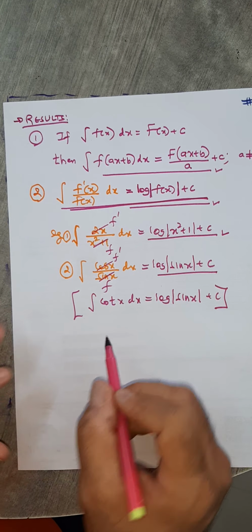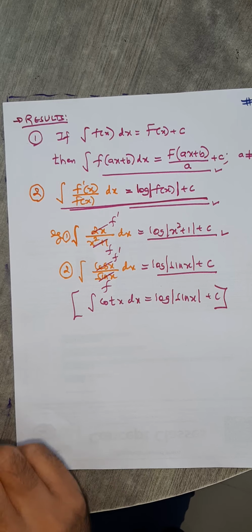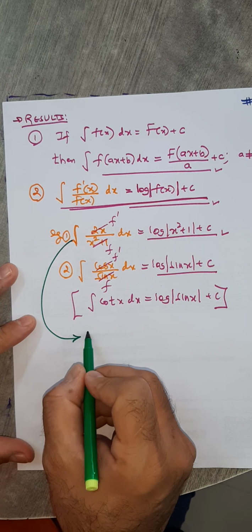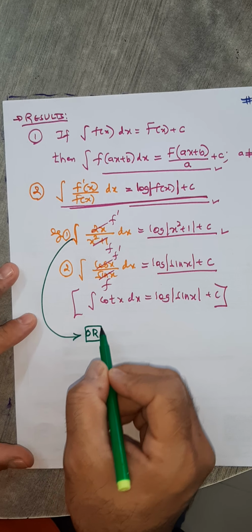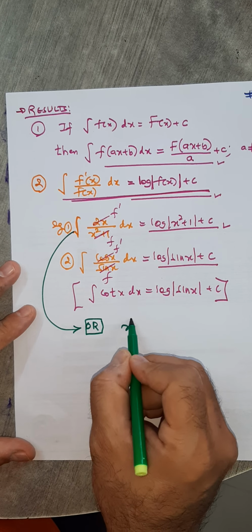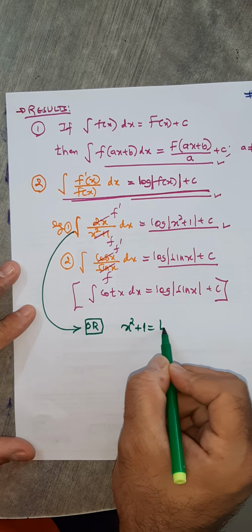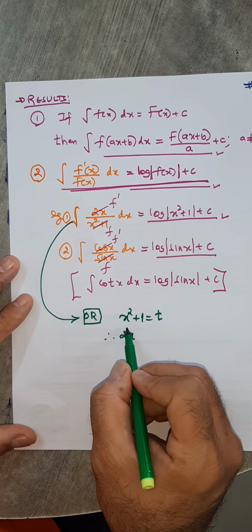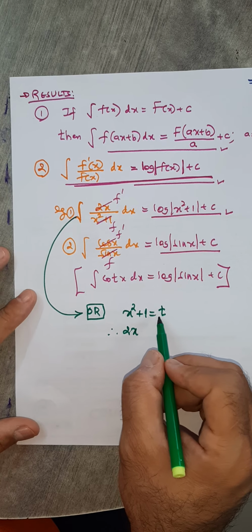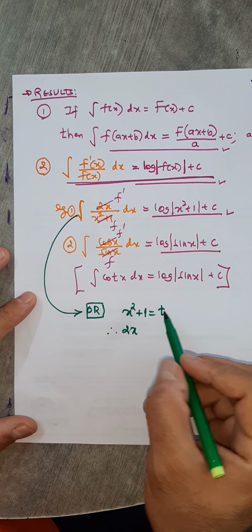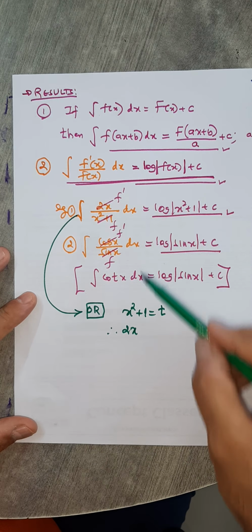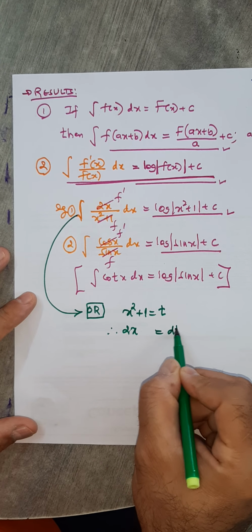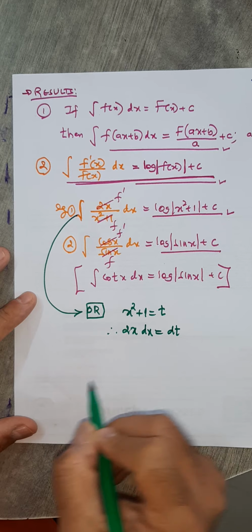Okay. Now the same question I can do by substitution also. If you don't want to remember this formula, this question you can do like this. For example, I'll put the denominator function equals t, x square plus 1 equals t. So what's the differentiation? In integration, whenever you take a substitution, you always need to differentiate first. Why? Because we want to convert dx to dt. So here 2x equals dt by dx, I'll take this side.